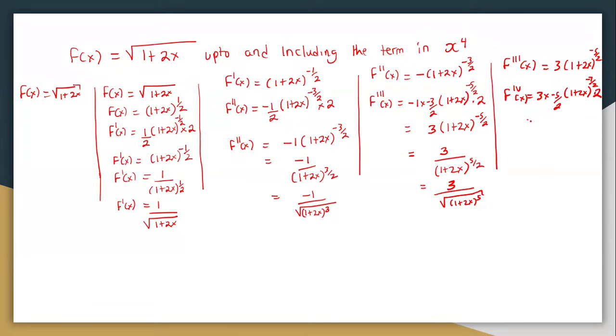Then we shall have negative 15 into 1 plus 2x power negative 7 over 2. So we have negative 15 over root of 1 plus 2x power 7.